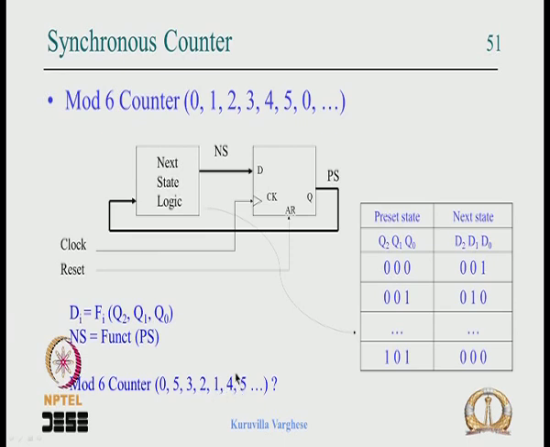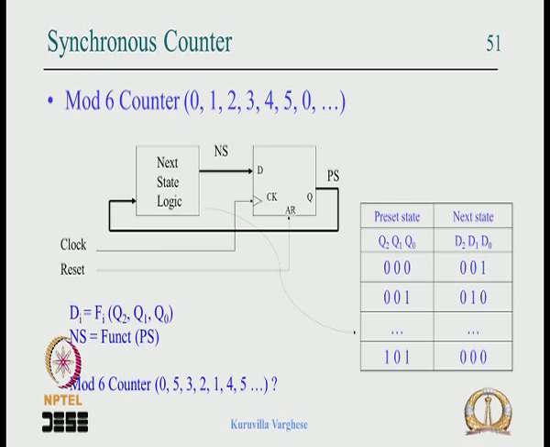You know already the answer is very simple, absolutely no worry. Anybody specify anything, you change this next state logic, you change the truth table. You start with 0, the next state is 5, you write 5 here, the next state is 3, you write 3 here, the next state is 2, and so on. Then you form the equation or write the truth table in VHDL code. Then this should be perfectly okay, it can be designed.